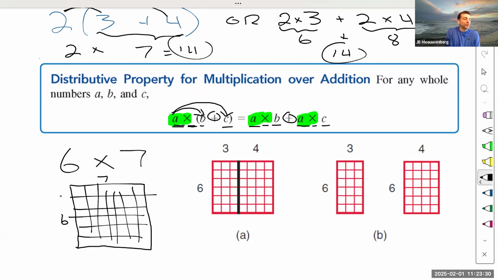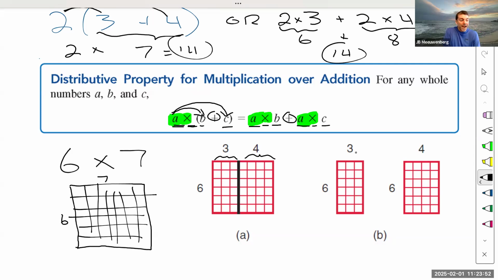So this would be a 6 by 7 grid. And we could count all of those, obviously, and come up with 42. Or we could break our 7 up into some smaller numbers, where you see we have a 6 by 3 miniature array and a 6 by 4 miniature array here. And we can separate those things.